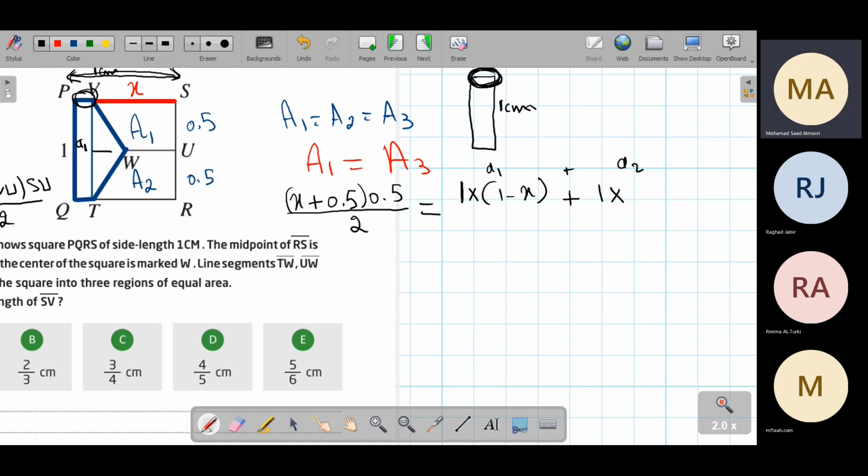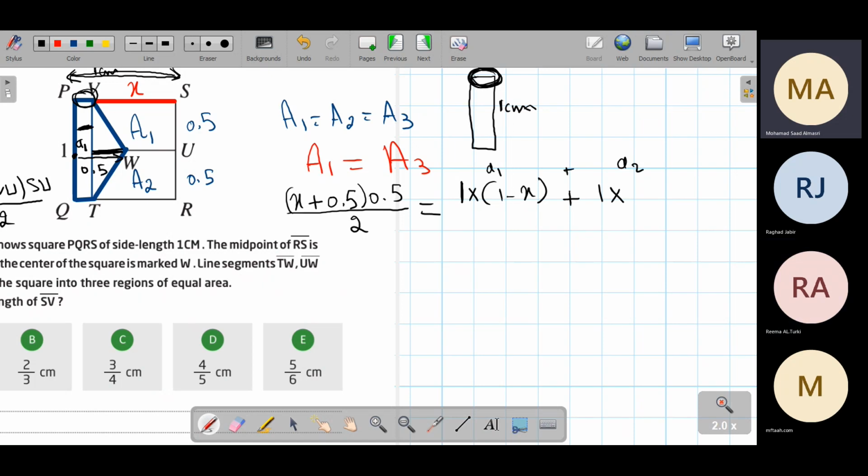The height is this part. I need to find this part. From this point to W, 0.25.